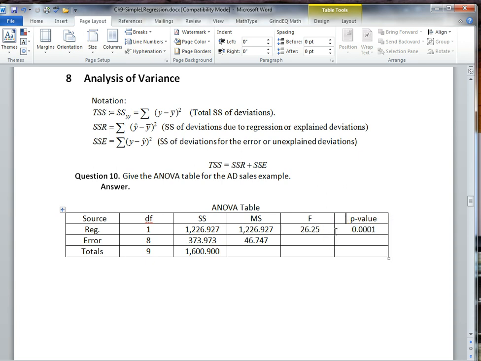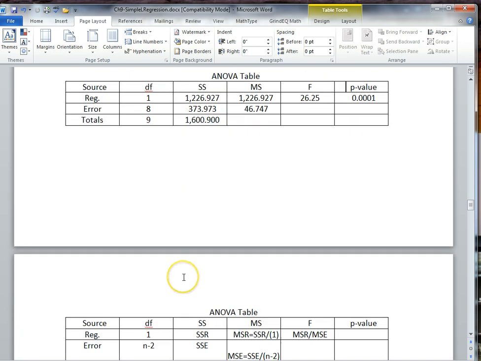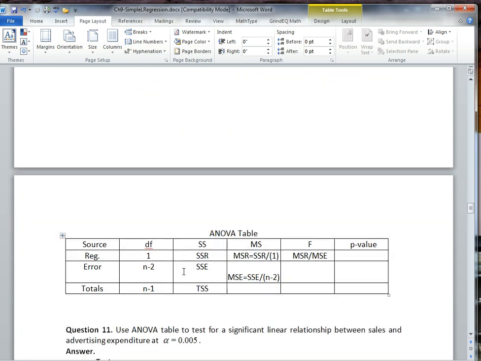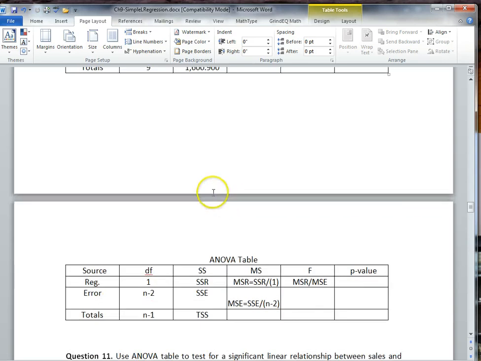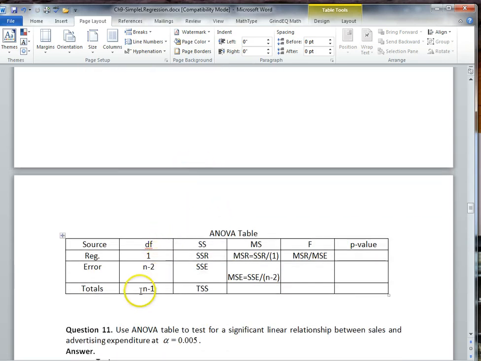So using advertising and the linear relationship we discovered is a good one for prediction. That's what this says. And what you have here are the formulas that generate this data. So the degrees of freedom are n minus 1, n minus 2, and 1, for the regression, error, and total. These are SSR, SSE, and TSS, and these ones are divided by these values here. So you can see that quickly.